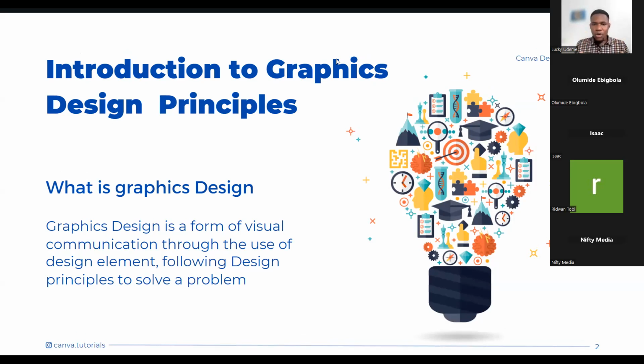And so I'll look for how to visually communicate this and then solve that problem of bringing in 1,000 leads that may be converted, so that maybe 100 people will be converted for the class. So that is actually solving a problem. That is what graphic design is: visual communication through the use of design elements, following design principles, to solve a problem. You are solving a problem.